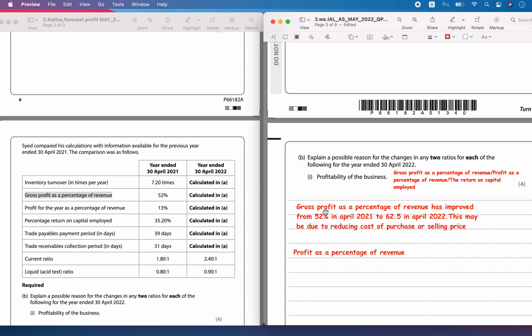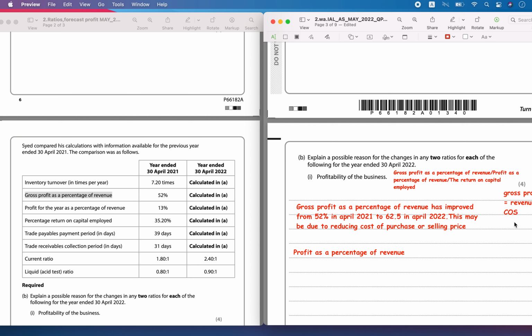How did you comment? Because the gross profit is nothing but revenue minus cost of sales, right? So gross profit is equal to revenue minus COS.